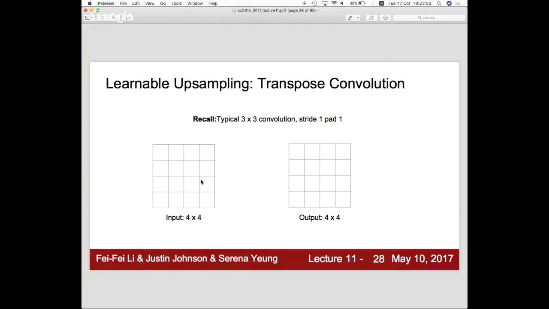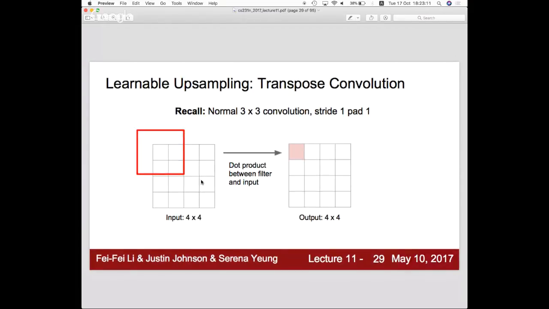And another way of doing the upsampling is transpose convolution. Here's an example. This is just like a common convolution. We say the stride equals 1, pad equals 1, and the kernel is 3 by 3.